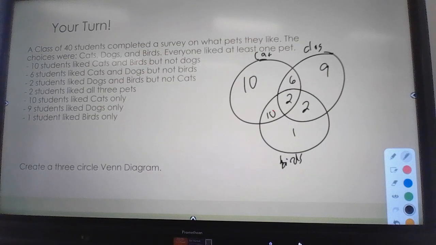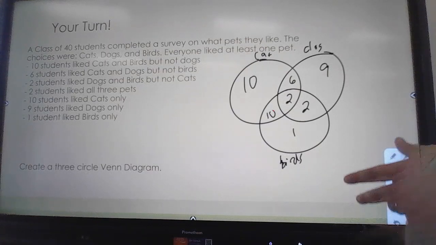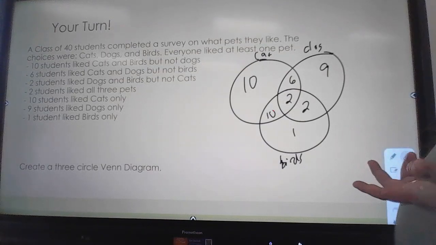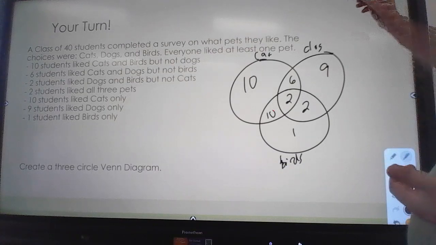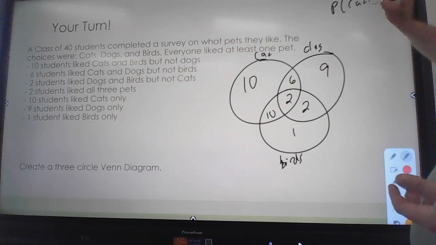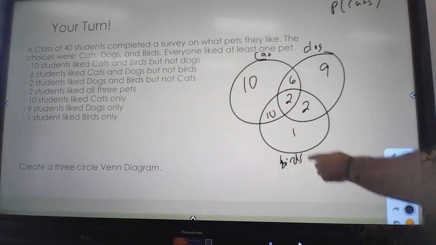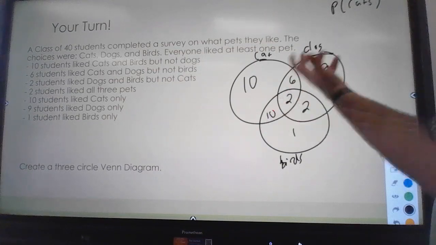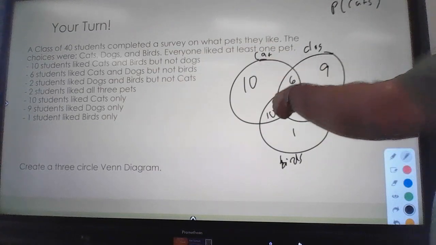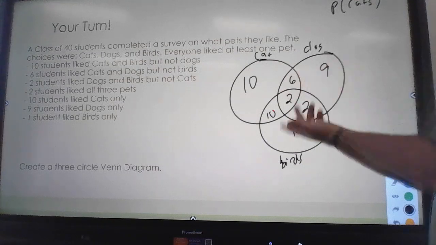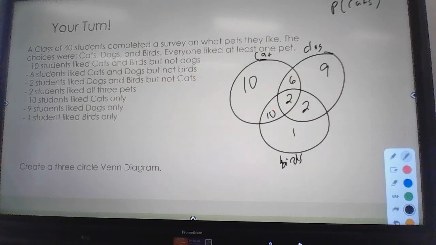Now, the only thing is when you look for probabilities based off of that, we have to be careful about how the probability is worded. If I was looking for the probability of someone who likes cats, well, I can't just include this number here. I also have to include these numbers, because as long as they like cats, they can be included in that list. That's 28 people out of 40, right?